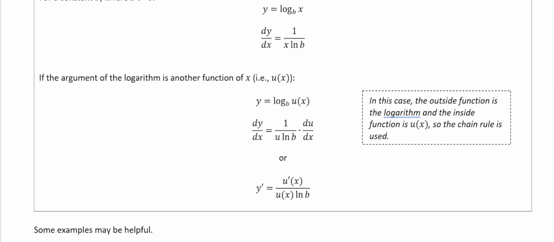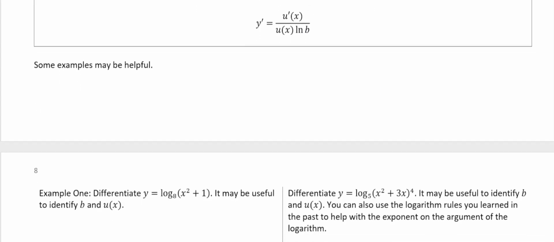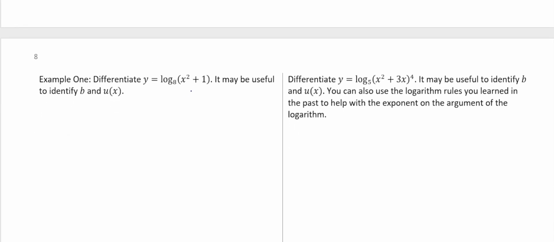So it might be helpful to see some examples of this. As you can see right here, my argument is a quadratic, so u of x is equal to x squared plus 1. But my outside function right here is the logarithm base 8. I'm going to take the derivative of my function here.